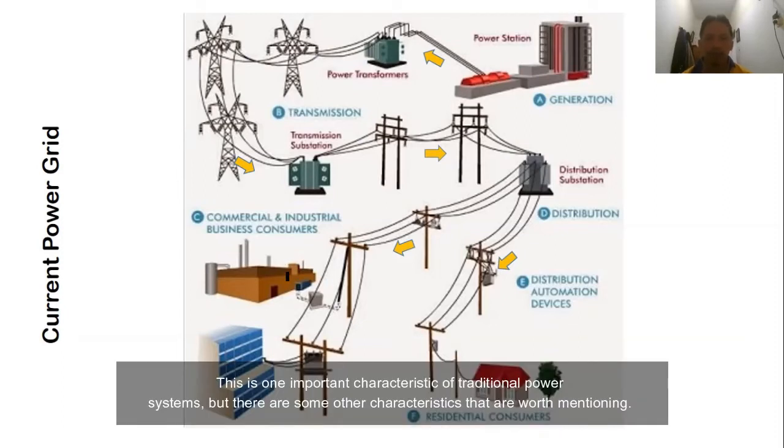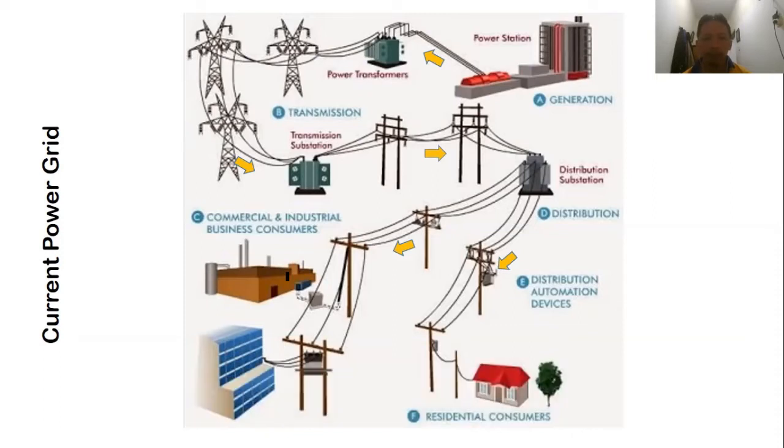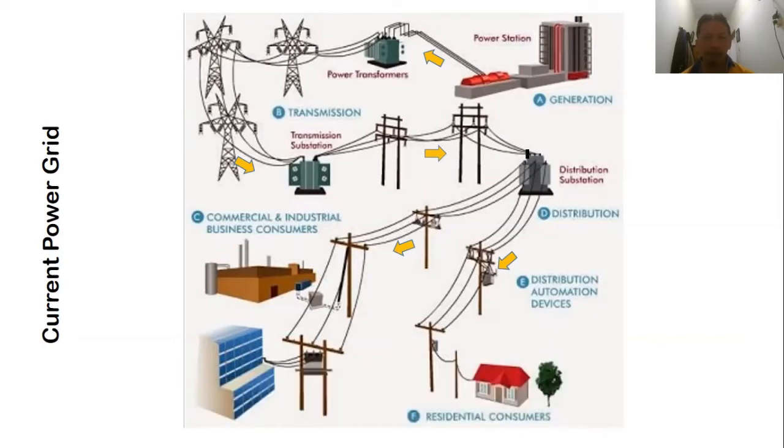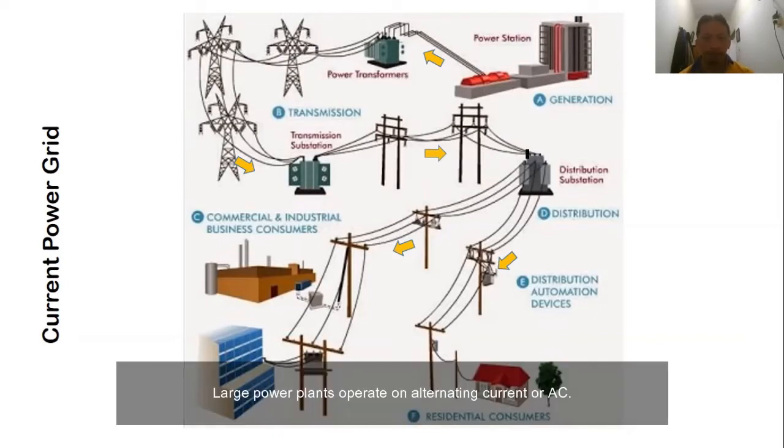This is one important characteristic of the traditional power system, but there are some other characteristics that are worth mentioning. Most power plants are controllable, and voltage is increased or decreased by means of transformers. Large power plants operate on alternating current or AC.